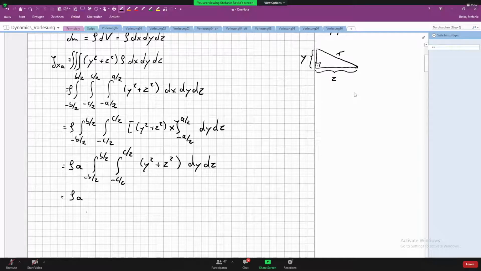So rho times a. So for the first one, we have 1/3 y to the power of 3 plus z squared times y in the boundaries of minus c over 2 to c over 2.